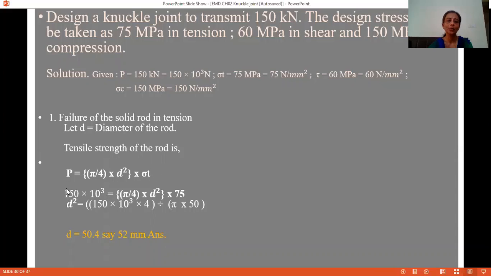Let us substitute values of P and sigma t. The unknown is diameter of rod. So we have found the diameter of rod which will resist the tensile failure, and the answer is 50.4. For the safer side, we'll be taking it as 52 millimeter.